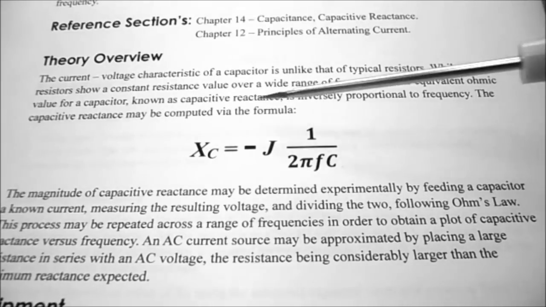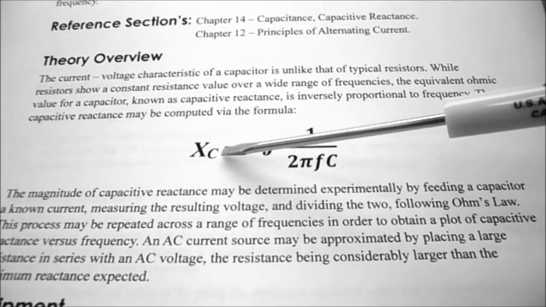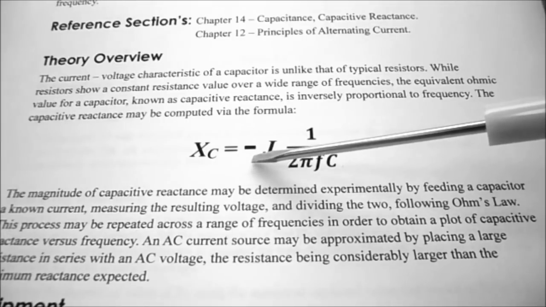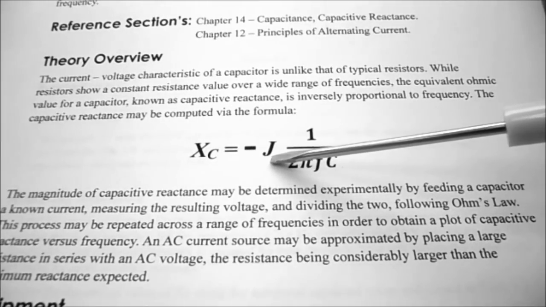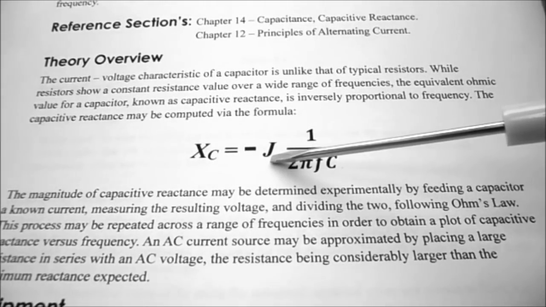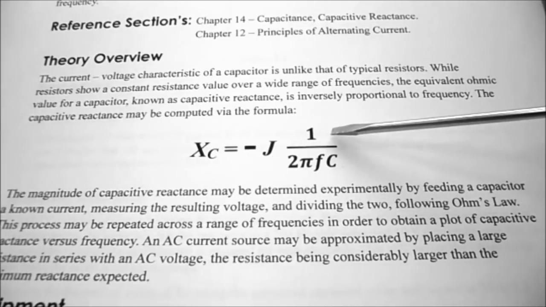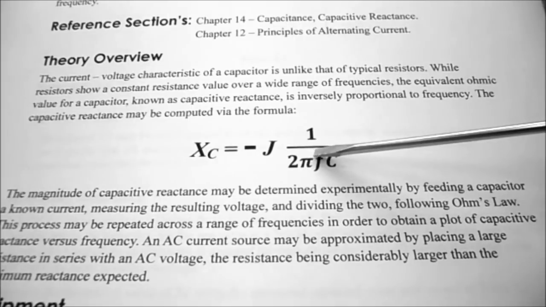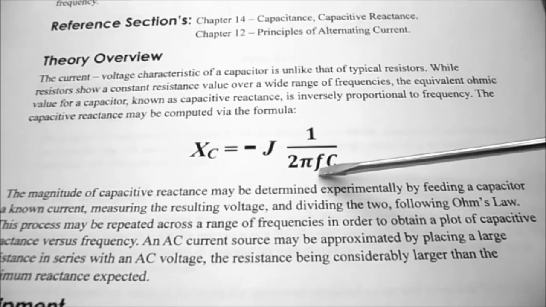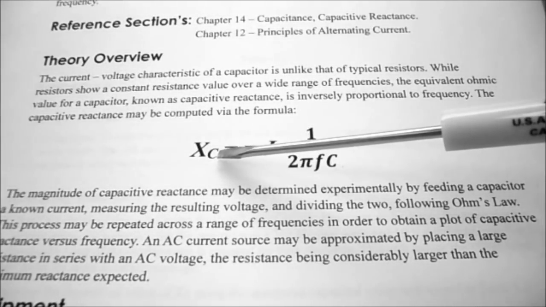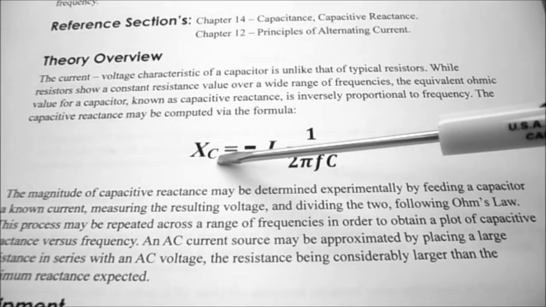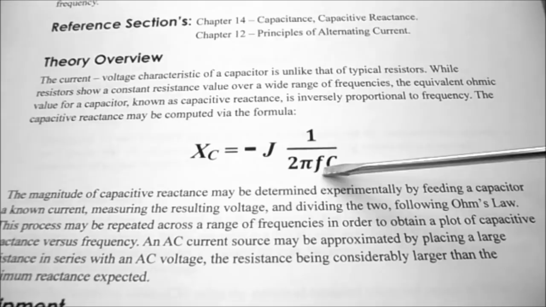So we can see that Xc, or capacitive reactance, is equal to minus j, indicating that it's minus 90 degrees, and it says inversely proportional, so it's 1 over 2 pi F C, where F is the frequency. So you can see that the capacitive reactance changes inversely to the frequency.